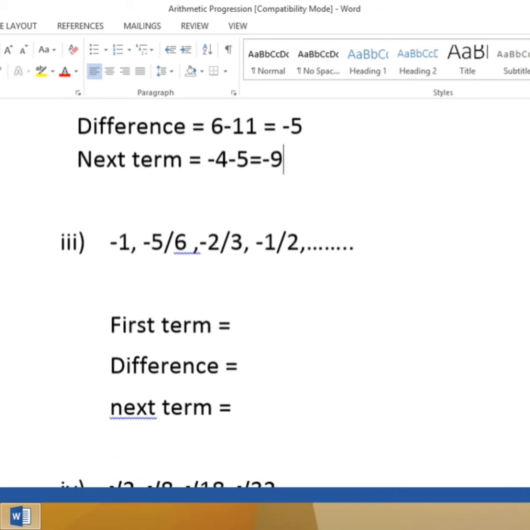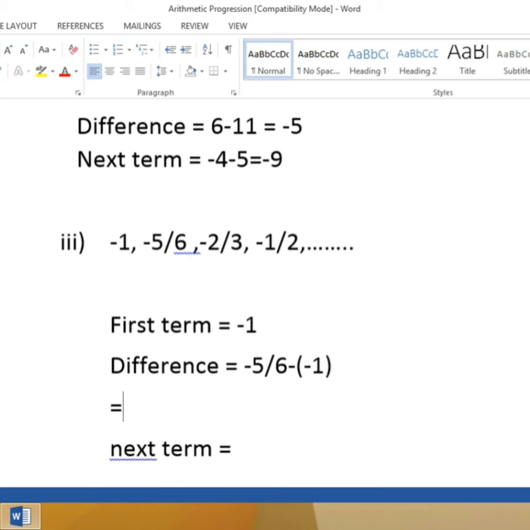Then the third question of the first one. Minus 1, minus 5 by 6, minus 2 by 3, minus 1 by 2, wherein the first term is minus 1 and the difference is minus 5 by 6 minus of minus 1. So that becomes plus 1. So you have to take the LCM for this: minus 5 by 6 plus 1.